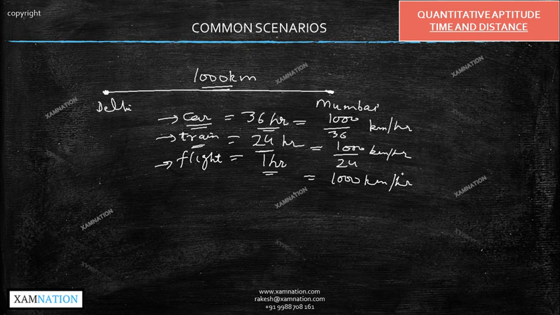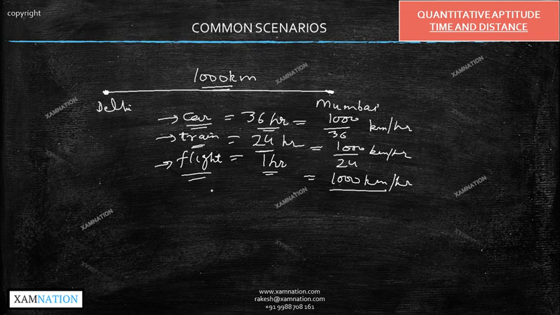So from it, we know that traveling by flight or air is fast, and traveling by car is slow, right? So time, speed and distance are some of the terms which we normally hear on a daily basis, right?